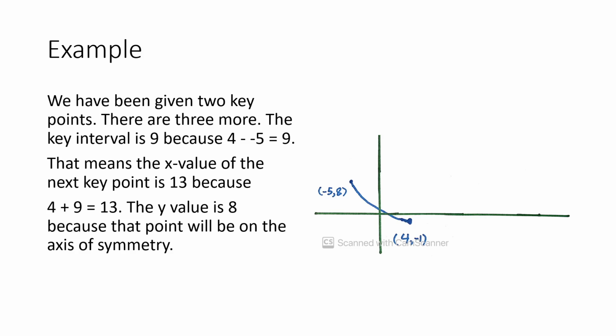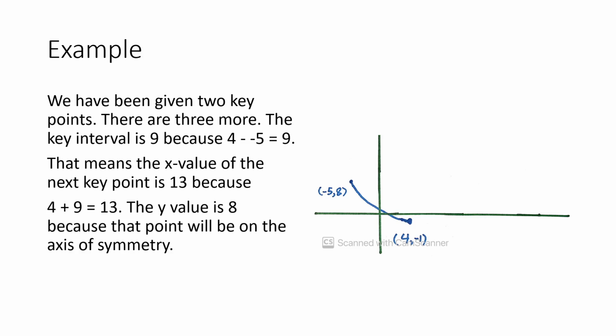We're given 2 key points here, so there's going to be 3 more. Now, if one of the key points is -5/8 and the next key point is 4, -1, that means that the distance from the first key point to the second key point horizontally is 9. Well, that's going to tell us what our key interval is.